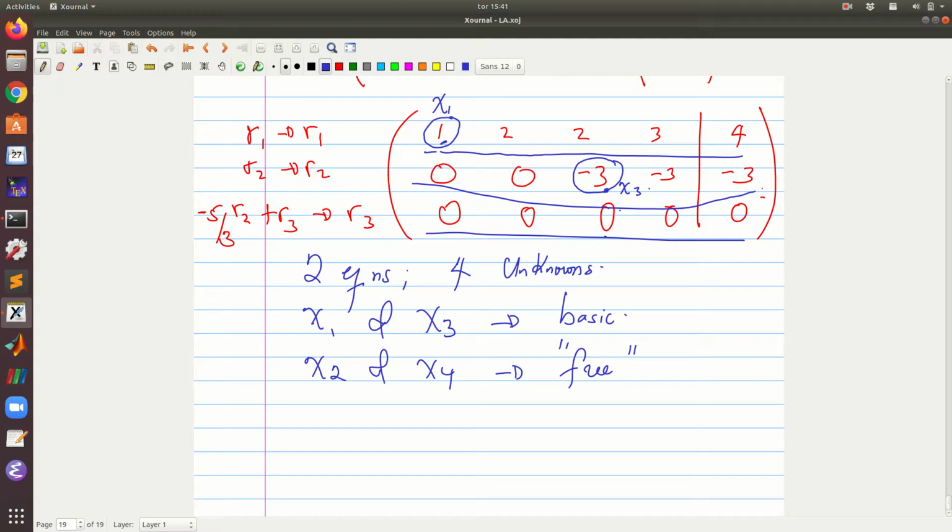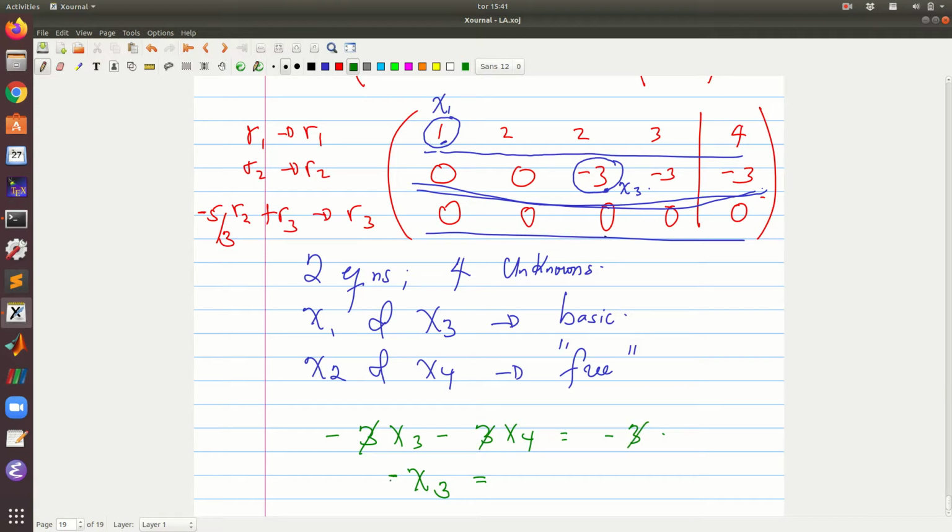free. So from the second row here, we see that we can pick the equation -3x3 minus 3x4 equals -3. Okay, so we can divide through by 3, that is 1, it goes out.